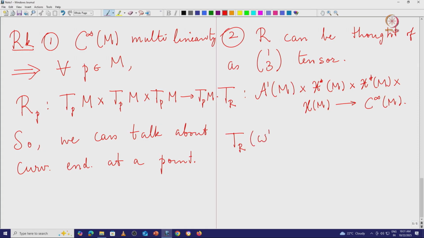So it takes in omega, x, y, z, and the C infinity function that it spits out is the following. You apply R, x, y, z, that's a vector field, you simply apply omega to it.